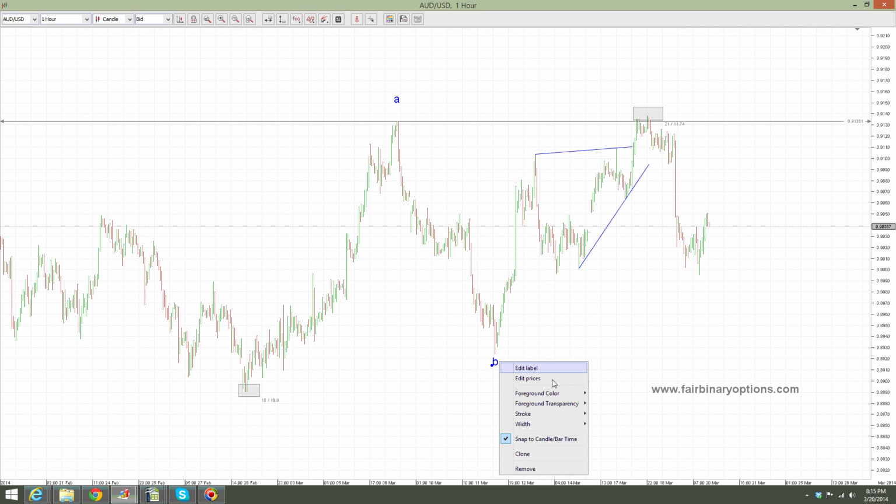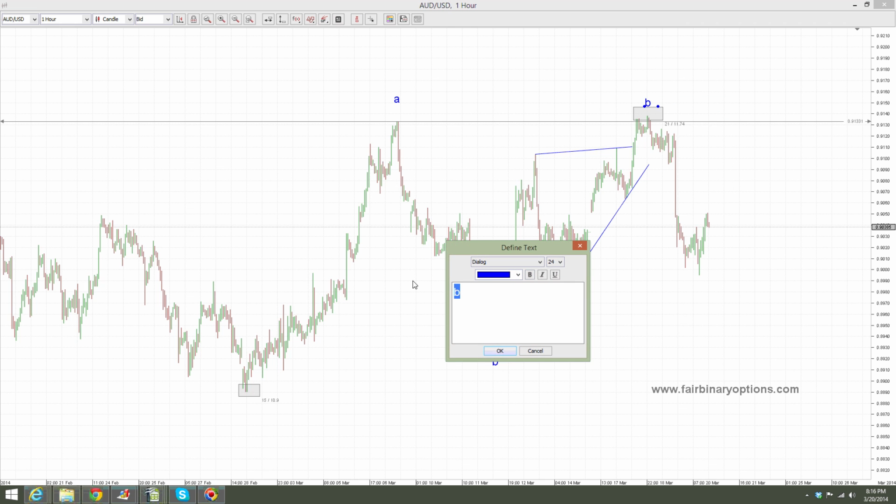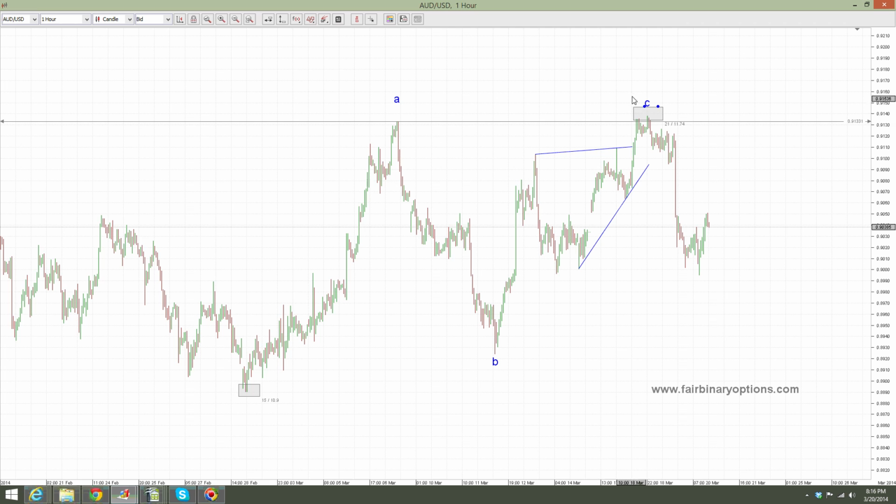Then the move to the upside there to come 1, 2, 3, 4, 5, terminal impulsive move, the C wave. And there you go. We had the flat that is being completed.